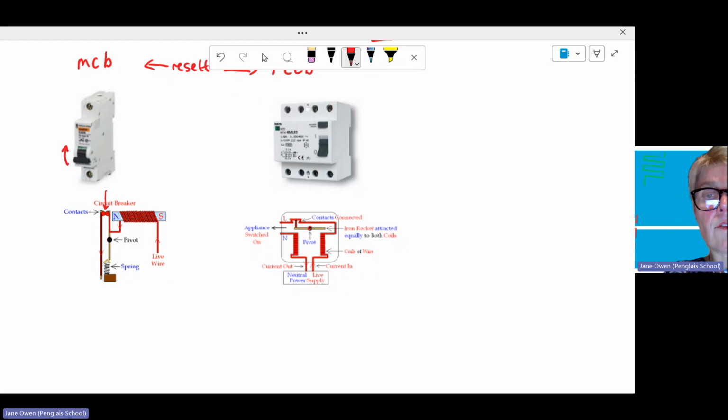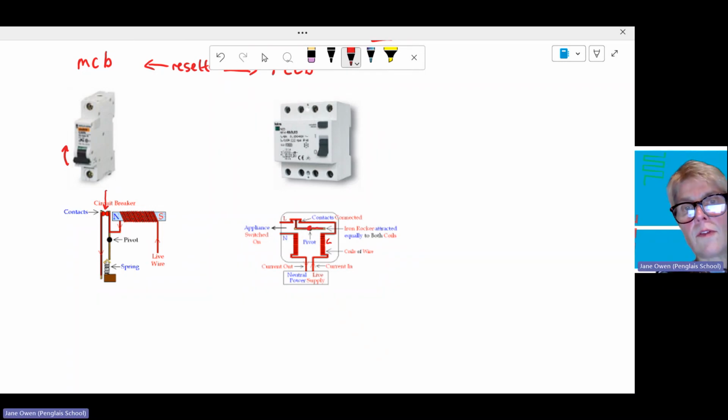So what we've got here is a pivot system. If the currents are different at all, then the electromagnets in the live part compared to the neutral part will pivot this iron rocker, this lever system, and that will break the circuit, because you've got this button here which breaks the contacts if there's a difference in the currents, which is a difference in the strength of the electromagnet.